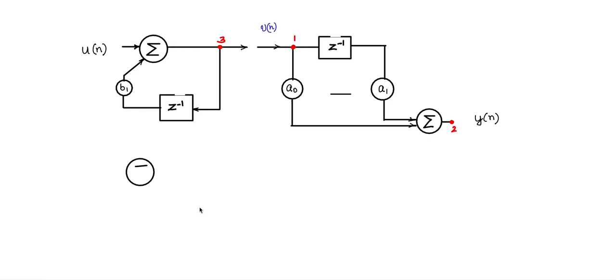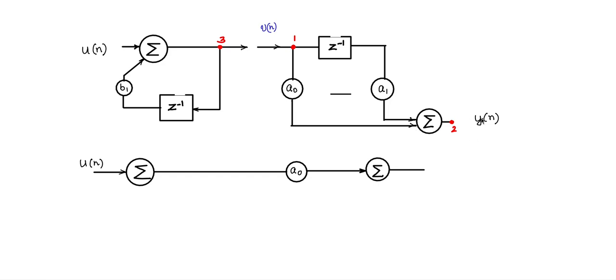So you have the sigma summer, you have UN here, the input, discrete input stream. Now I will draw this line, and take this root A0. The A0 is going to the summer. I'll use the summer block, and that goes to YN.